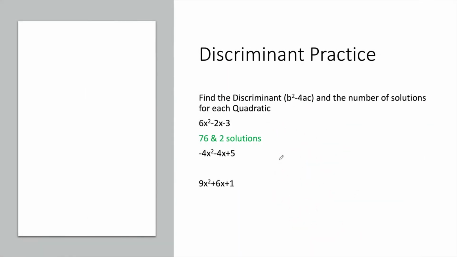Okay, number 2. Here we have -4x squared minus 4x plus 5, where -4 is b, -4 is also a, and 5 is c. Writing this out, we have (-4) squared minus 4 times -4 times 5. -4 squared is 16, minus 4 times -4 is -16, times 5.